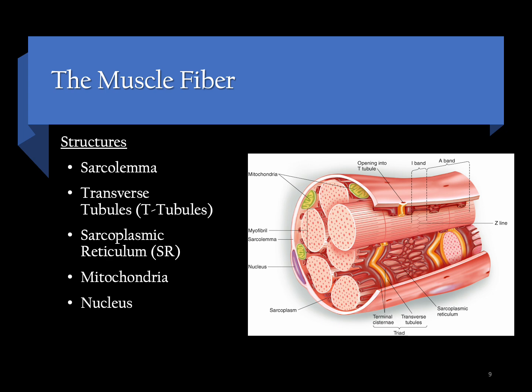The sarcolemma, as we just mentioned, allows the action potential to travel in opposite directions along the muscle. But how does that action potential get inside that myofibril? It gets inside through a single opening called the T-tubules. Transverse tubules, but we can call them T-tubules for short.